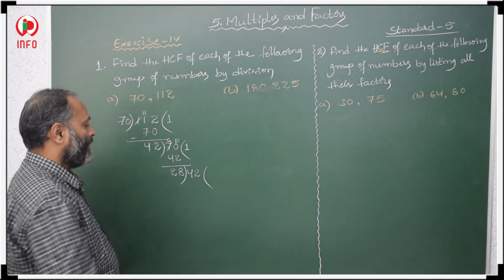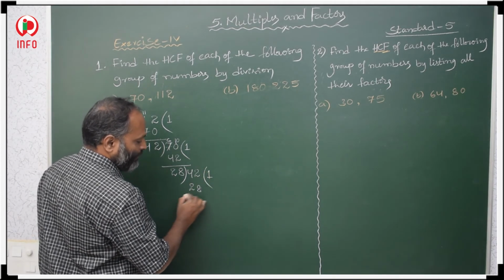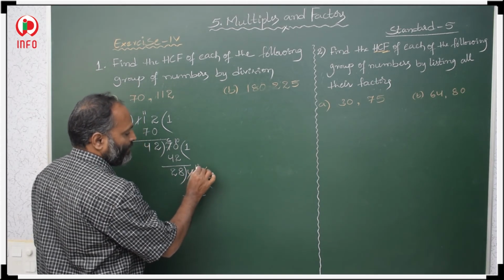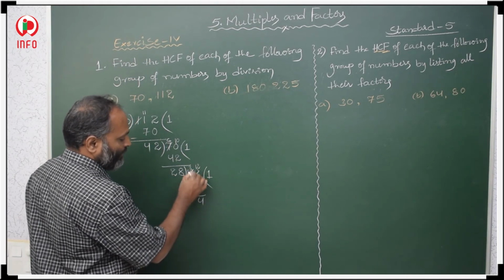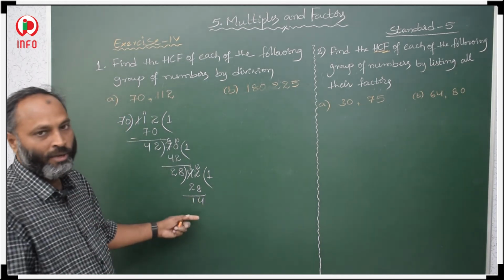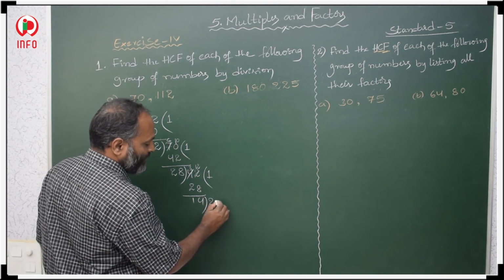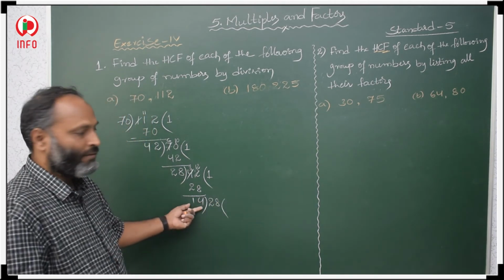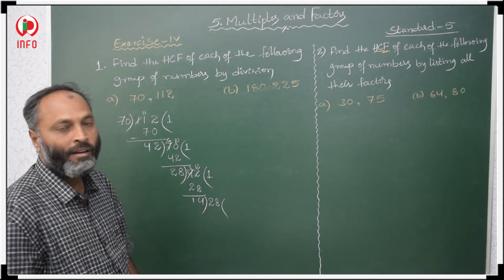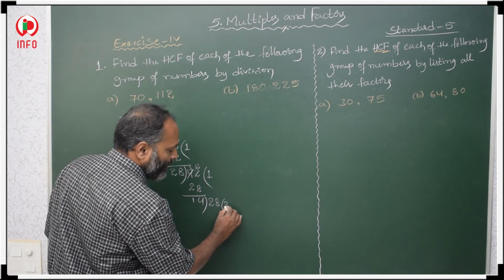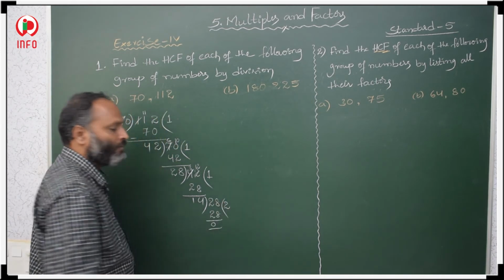28 ones are 28, then minus. 12 minus 8 is 4, 3 minus 2 is 1. This is the third remainder. The third remainder is the divisor here and the third divisor is the dividend here. 14 twos are 28, then 0.